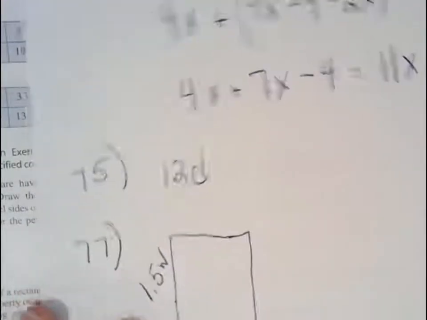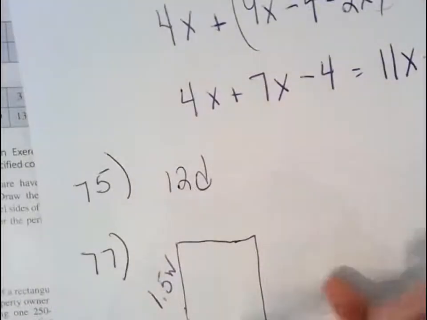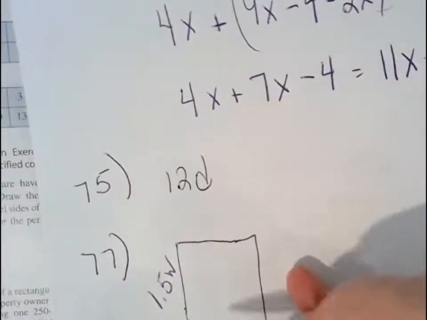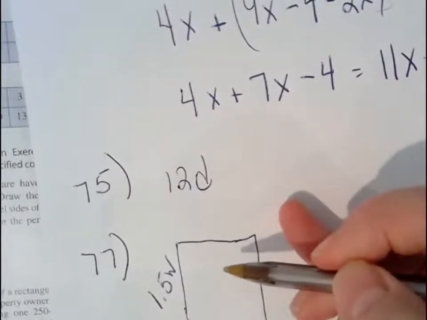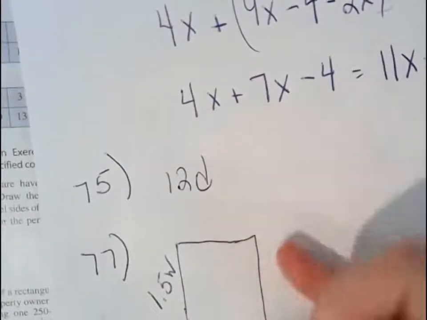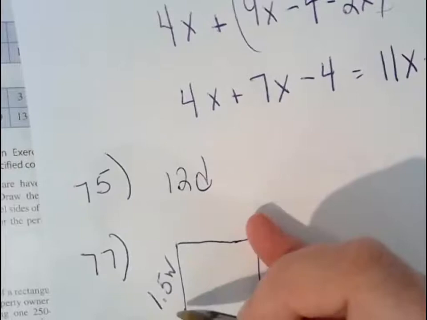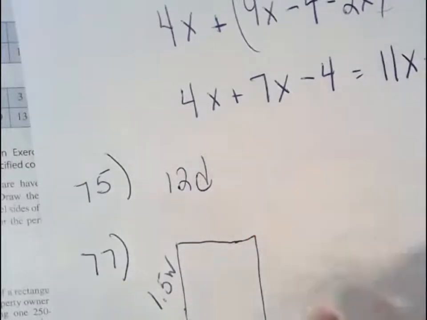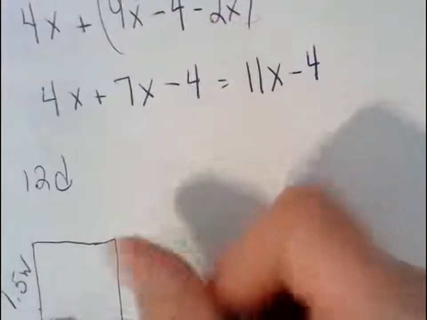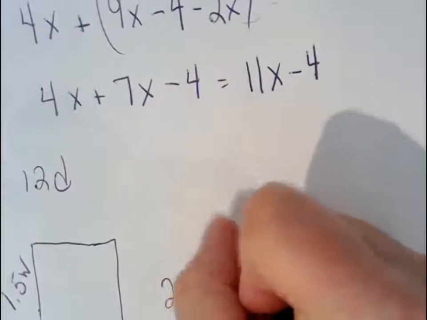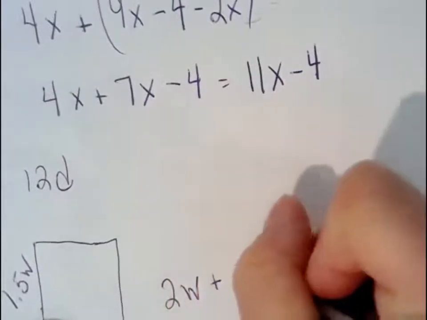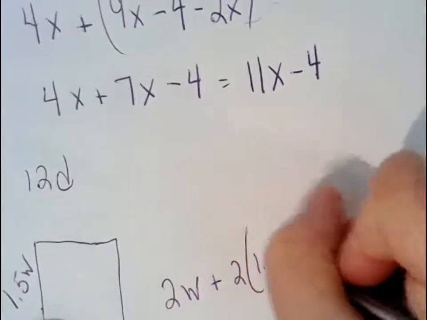Okay, so as we know, the perimeter is the sum of the measure of the sides. So W plus W, or 2W, plus 2 times 1.5W. Write that down. So 2W plus 2 times 1.5W.